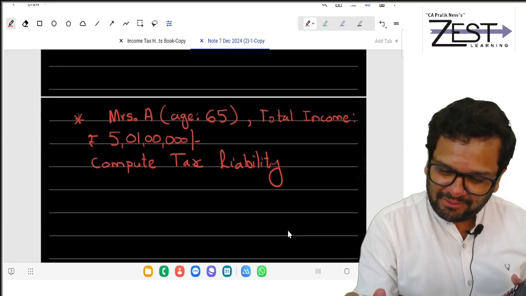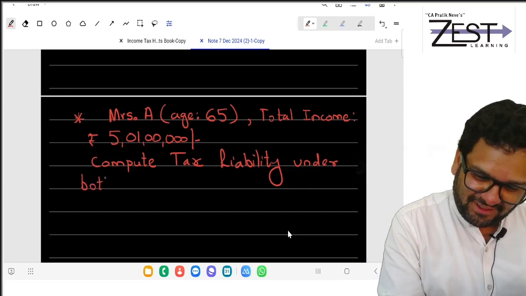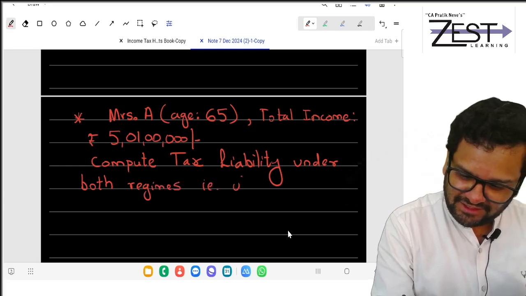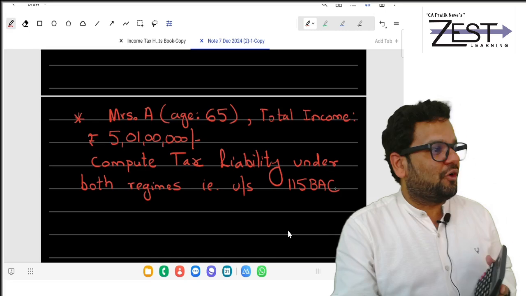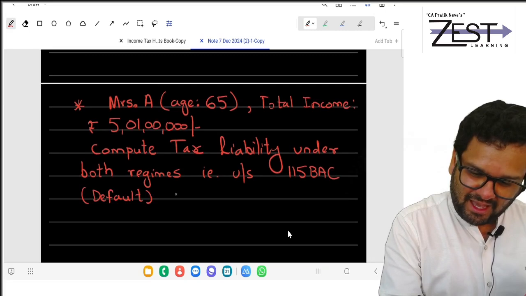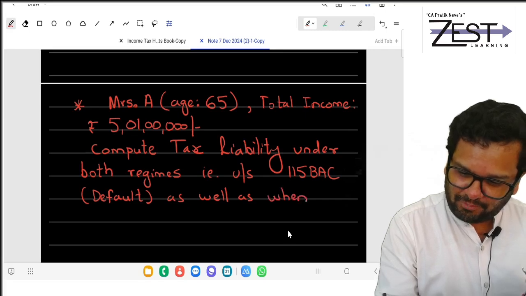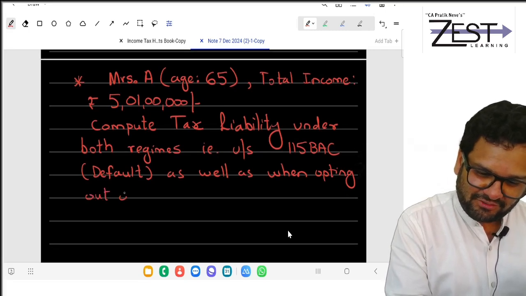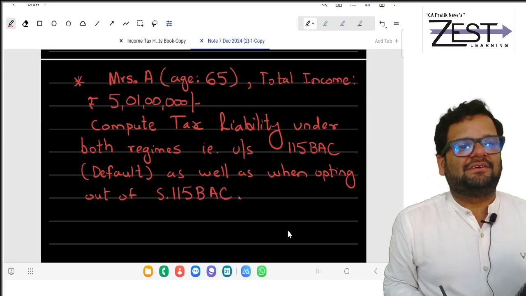Compute tax liability under both regimes. That is under section 115 BAC, means default, as well as when opting out of section 115 BAC.